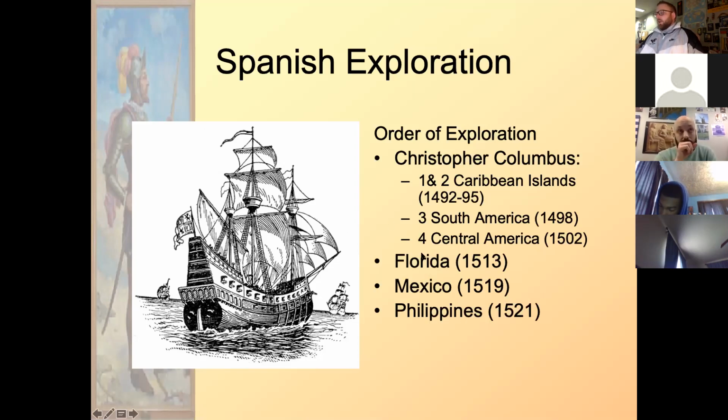So the Spanish ended up in Florida. Some of you have heard of St. Augustine. That's the oldest city in the Spanish world in Florida. They took over the Aztecs in 1519, renamed it what is now famously Mexico City, what was originally Tenochtitlan.